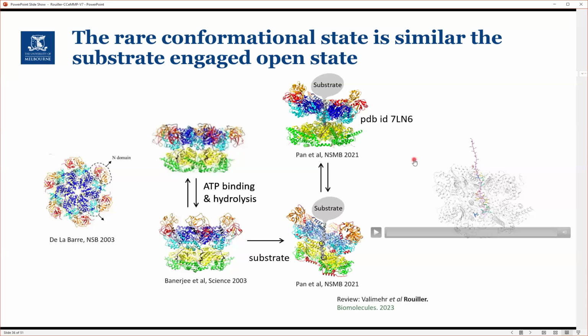What we were surprised by is that we didn't see a large conformational change in this domain with the mutation. So it really seems to be subtle, impacting the interaction between the two domains.